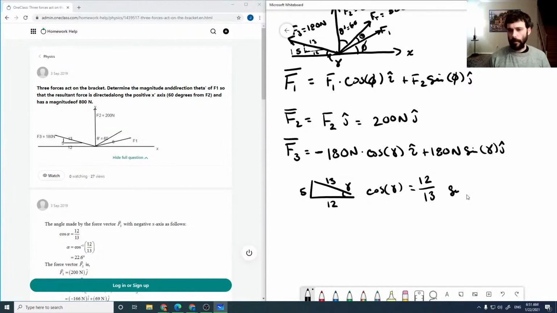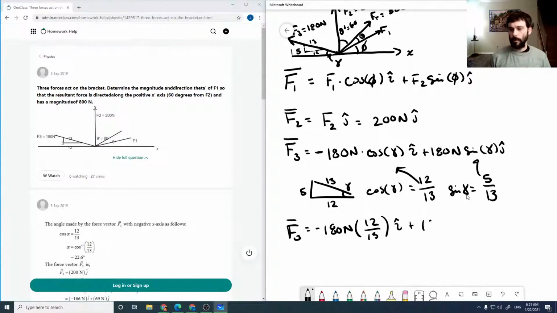And sine gamma is 5 over 13. So again, we could solve for gamma, but we actually already have our values. So F3 is minus 180 times 12 over 13 i hat plus 180 times 5 over 13. So we don't need to bother actually solving for the angle there.